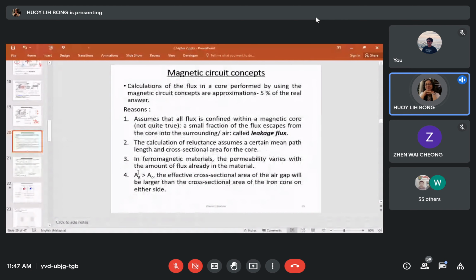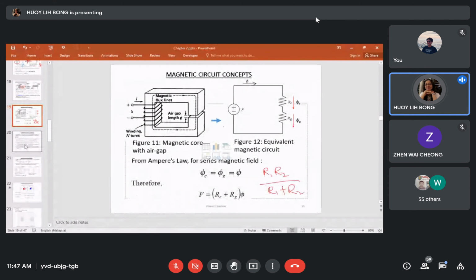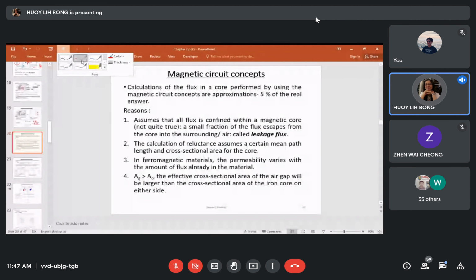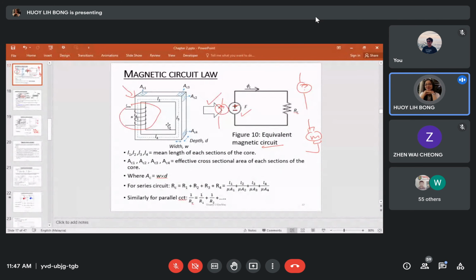The concepts here are just some assumptions that we make in our calculation. For example, when we do exercises, last time in the classroom I didn't really explain this. I assume that either you know or you go and read, but sometimes the students will ask how to take the length.